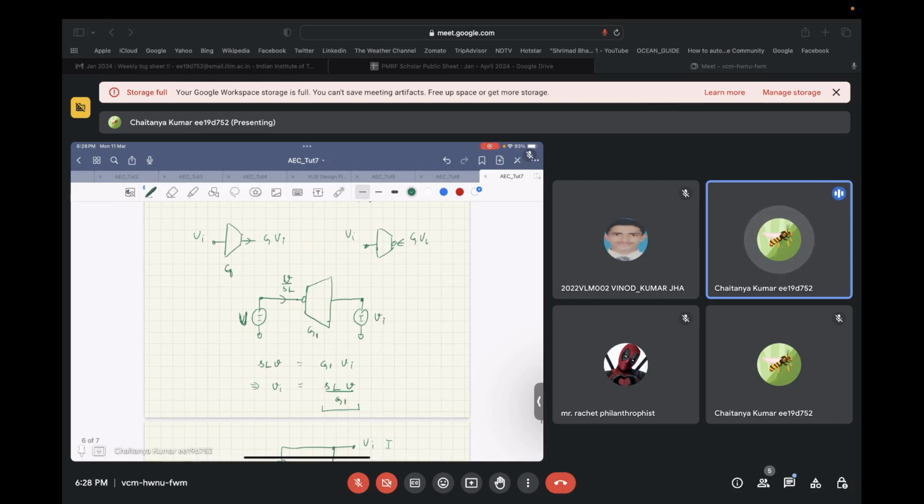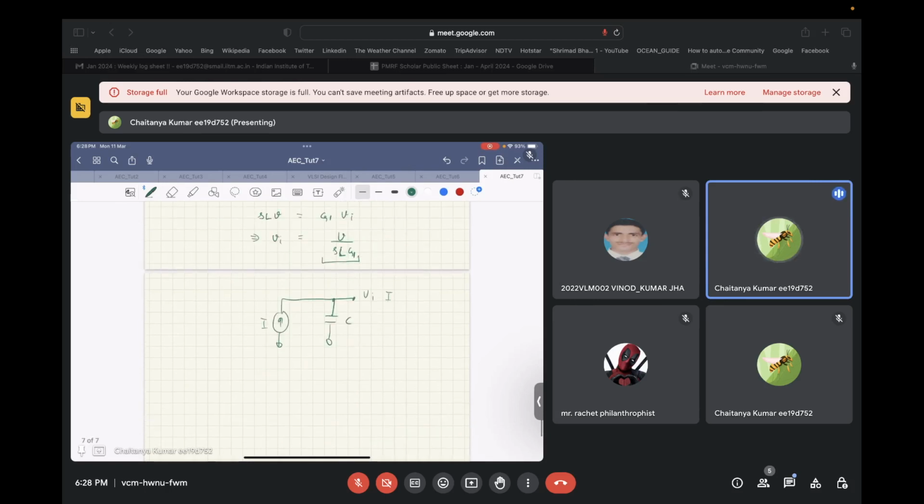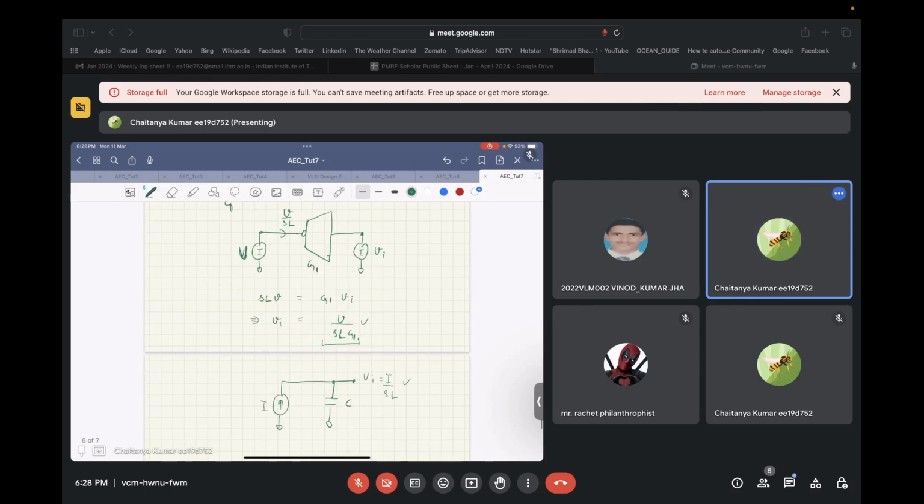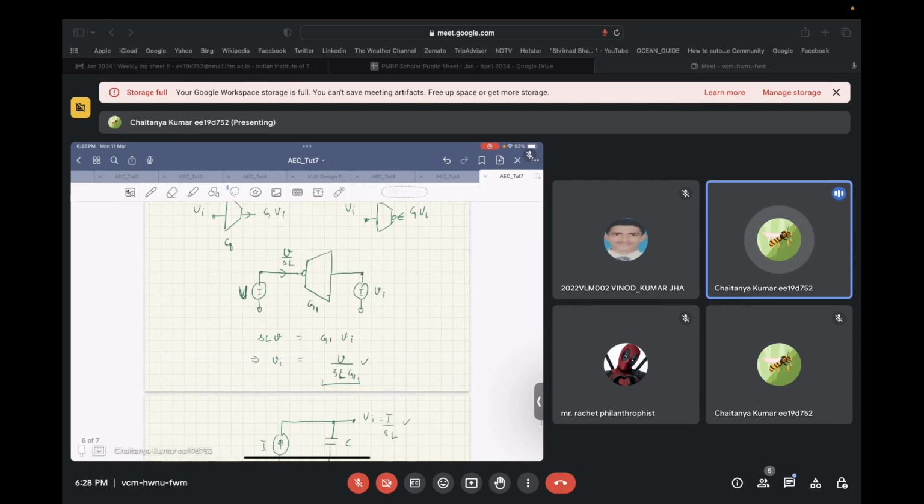So the input voltage has to be V upon SL times G1. Now, in this case, the voltage we claimed will be I divided by SC. So we can see that this voltage and this voltage are of similar form. So what we need to do is, I will copy the circuit from here.